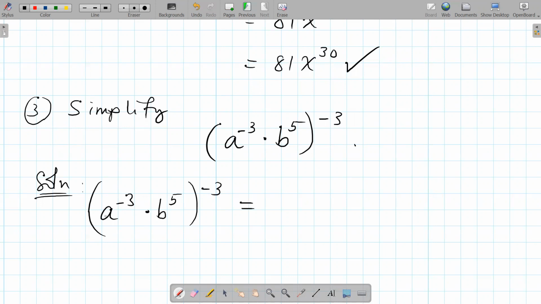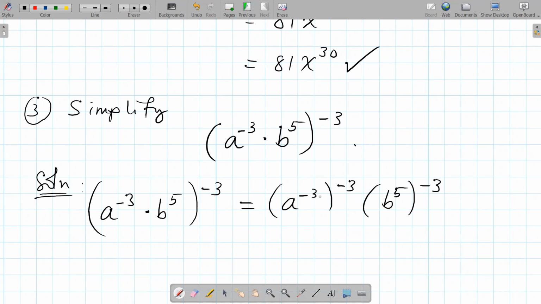Remember that this is one item, this is another item. We have two items in a room, all under the same roof. If the roof is coming down, the impact is going to be the same. So what it means is that a to the negative 3 has to be raised to negative 3, and then b to the 5 has to also be raised to what?